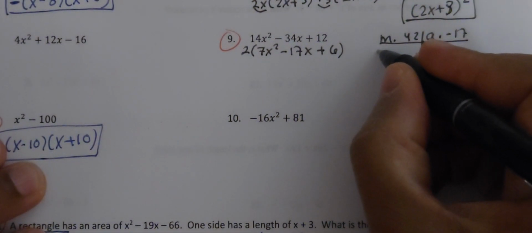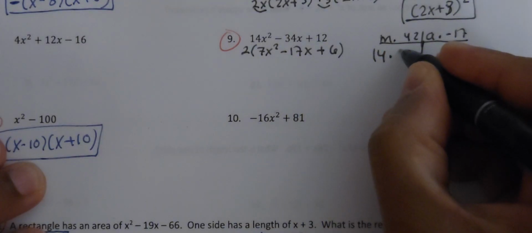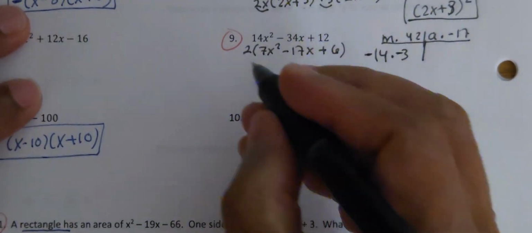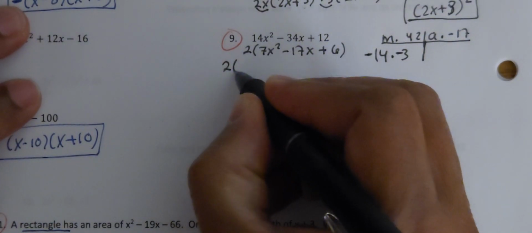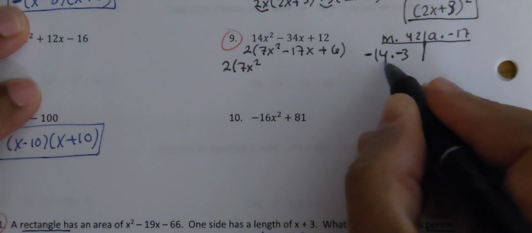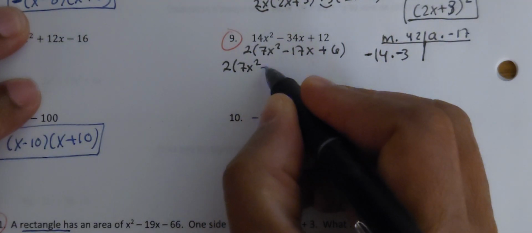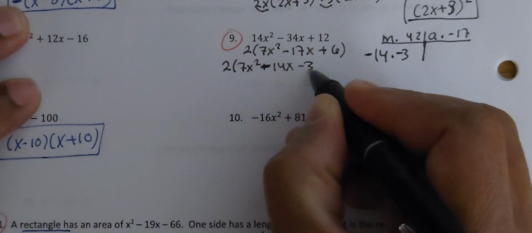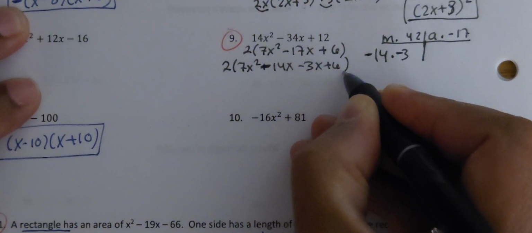Let's see, so that's 14 times 3, and they both have to be negative. Okay, so then I'm going to keep the GCF of 2, 7x squared. I'm going to group the, let's see, the 14 with the 7x squared. So minus 14x minus 3x plus 6.